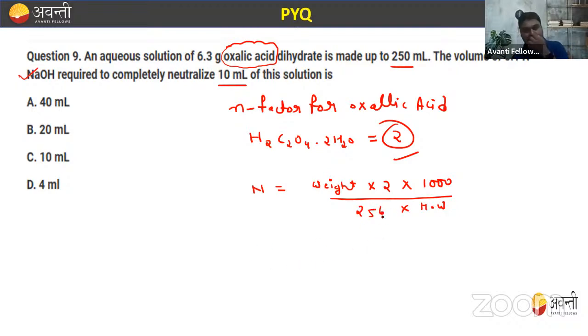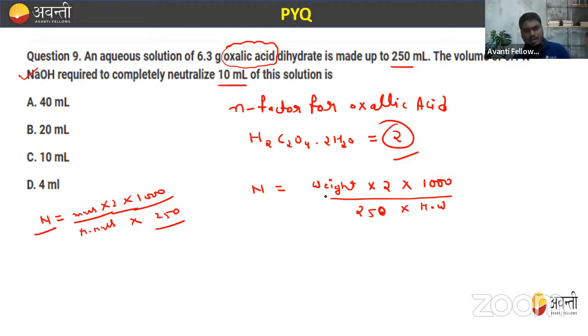How will you calculate this value? Can anyone tell me? The formula of normality is nothing but mass upon equivalent weight, where equivalent weight is molecular mass divided by the N factor, that is 2. Then this is multiplied by 1000 upon volume, and the volume is given as 250 ml.